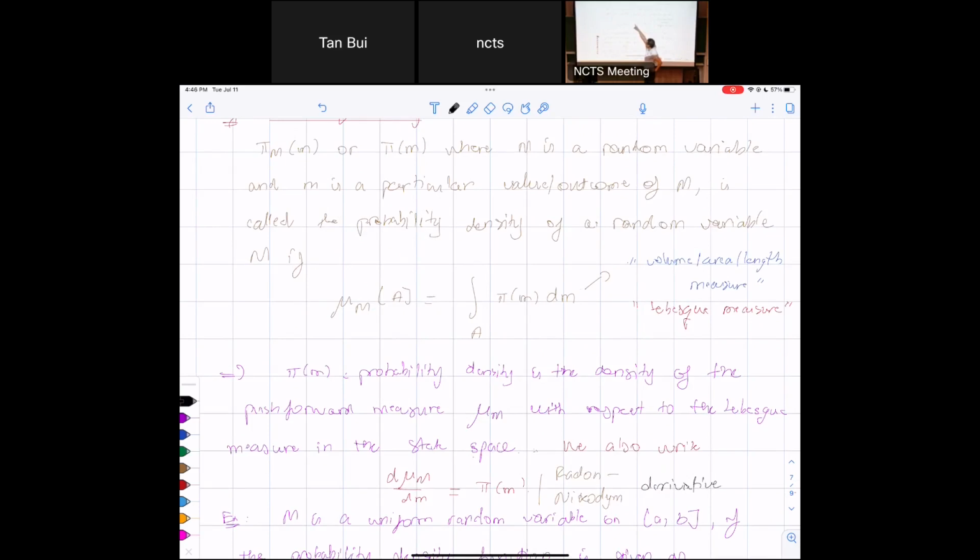The integration of the derivative is the antiderivative, right? By the fundamental theorem of calculus, F of x is equal to the integral of f prime y dy. This is what it is here. So this is the antiderivative of this with respect to dx here, right?